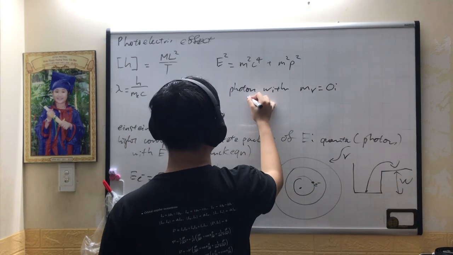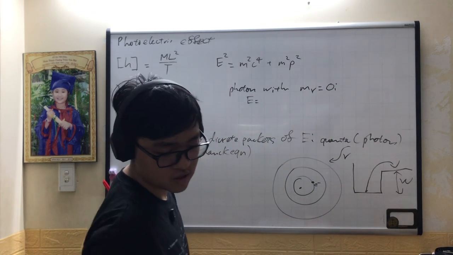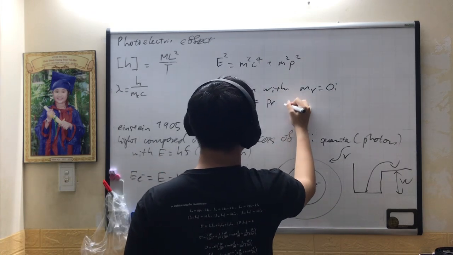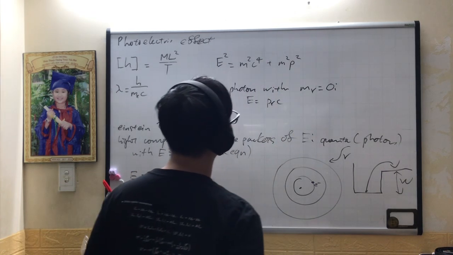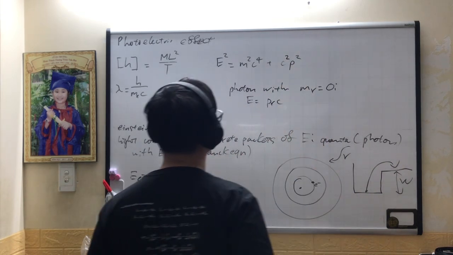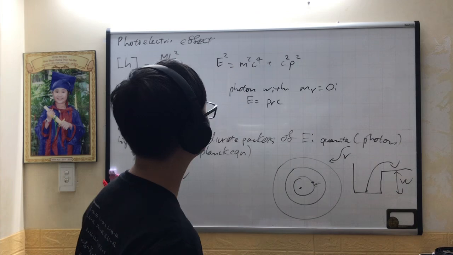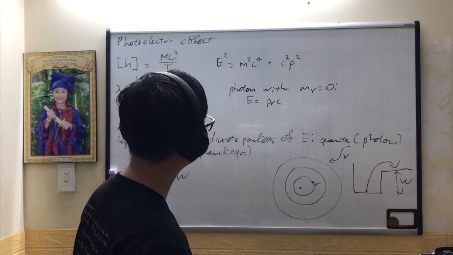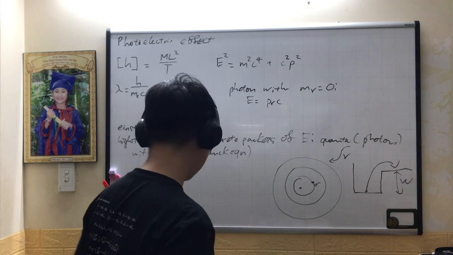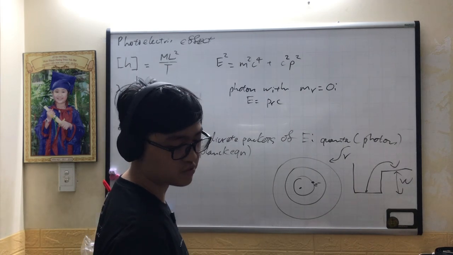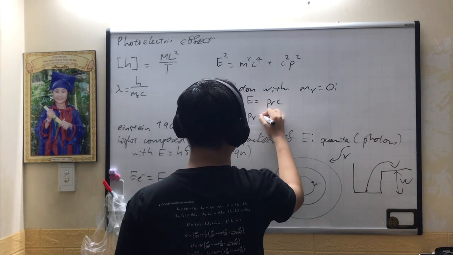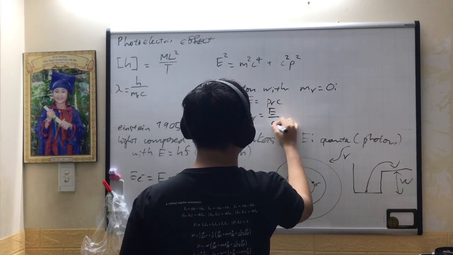We get the energy is equal to p times c. The energy of the photon with mass 0 is p times c, and from this you can derive p equal to E over c.